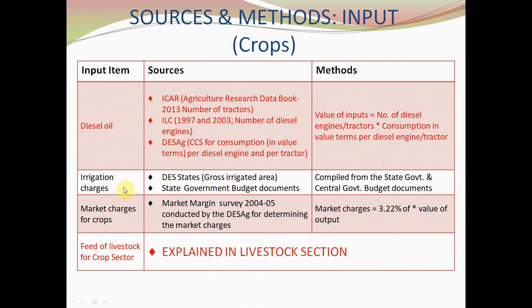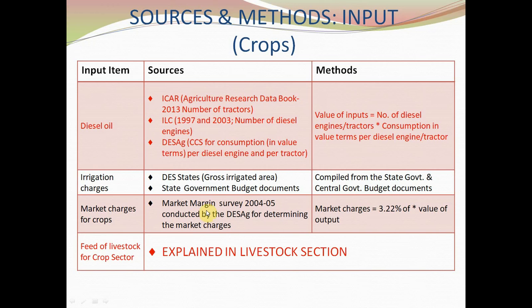Irrigation charges. For this, the states are providing gross irrigated area, and state government budget documents are used. Total input value is compiled from the state government and central government budget documents. Then market charges for crops.